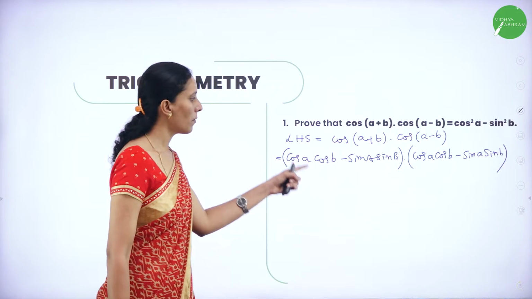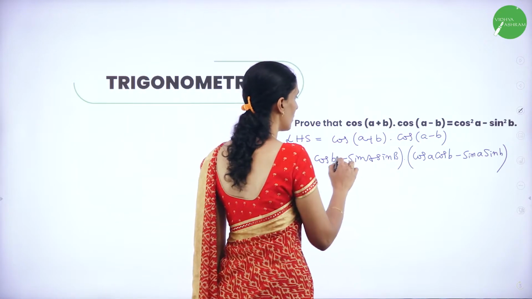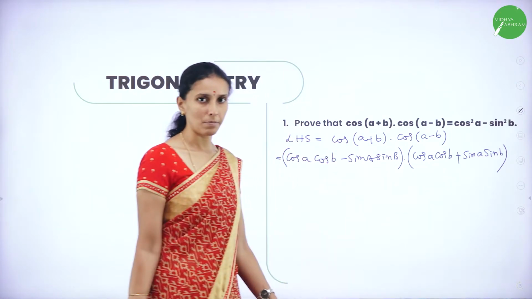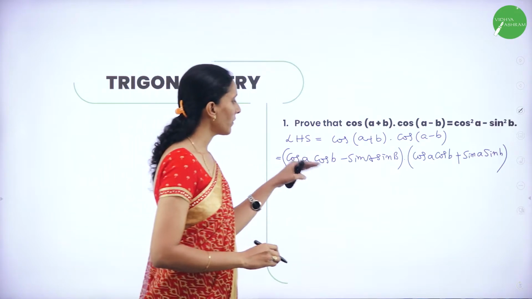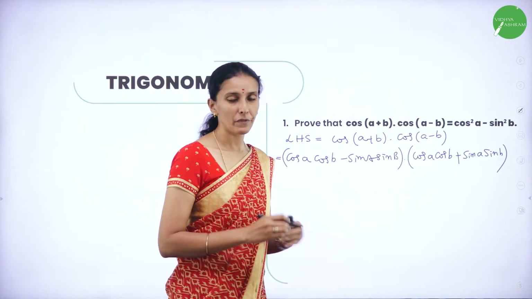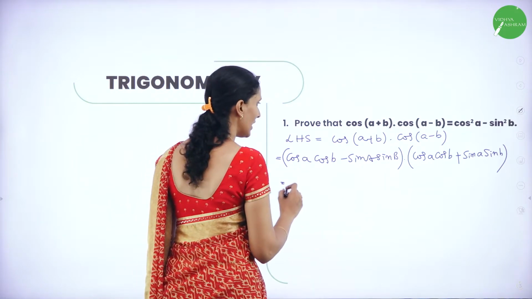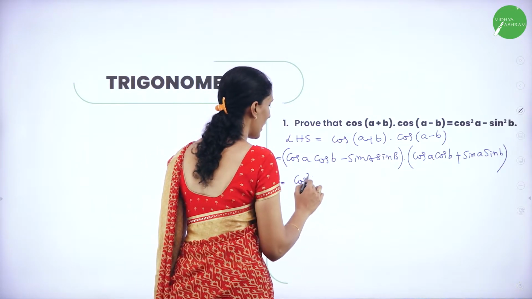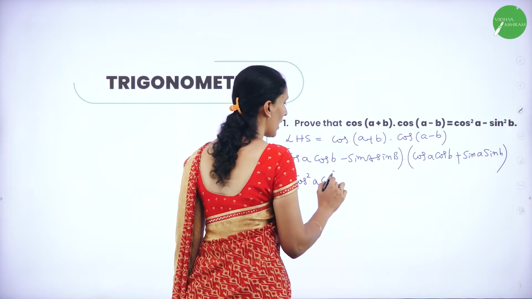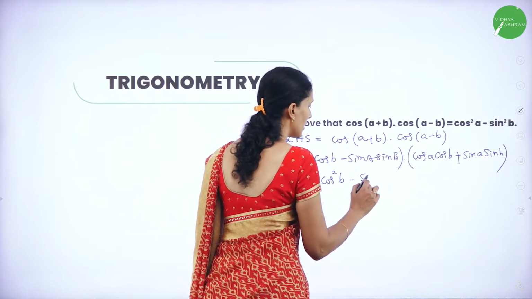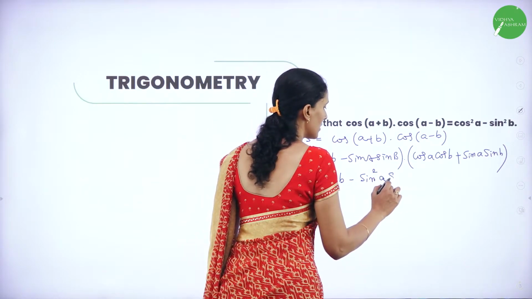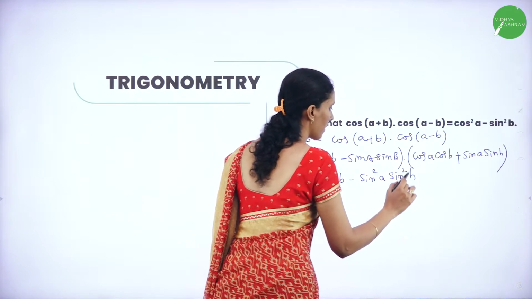Now this is in the form of a minus b and this is a plus b, which can be written as a square minus b square. So therefore it is cos square a cos square b minus sin square a sin square b.